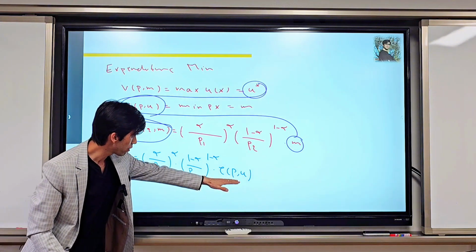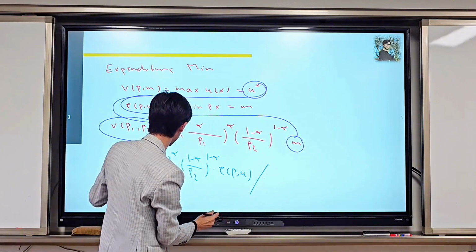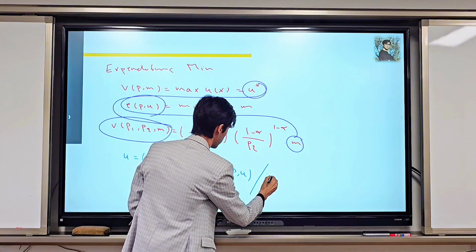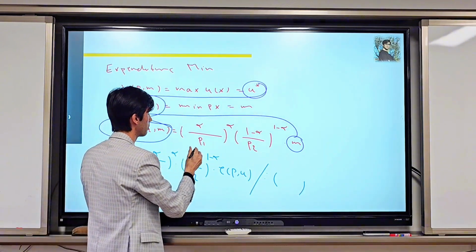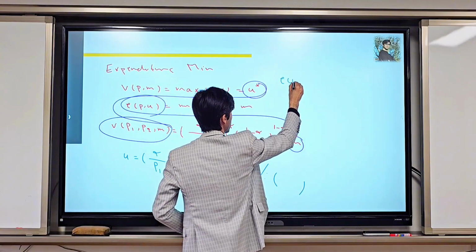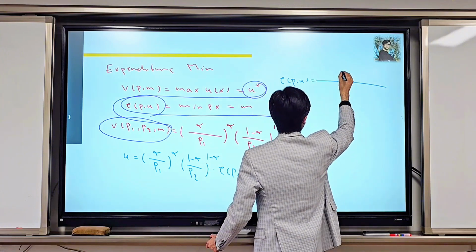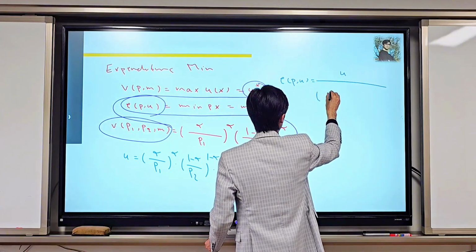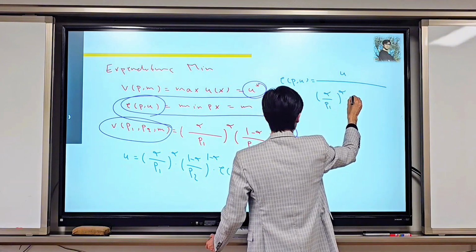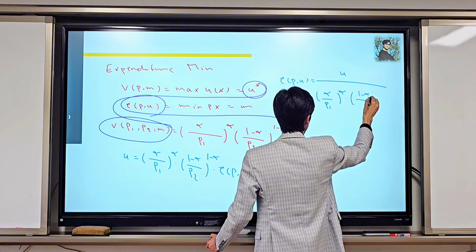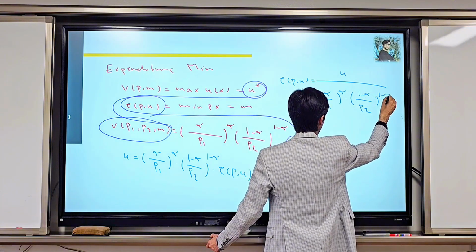So now, if you want to find this expenditure function, divide both sides by this term. Then what will remain is this: E of P and U is equal to U divided by alpha over P1 to the power of alpha, multiplied by 1 minus alpha over P2 to the power of 1 minus alpha.